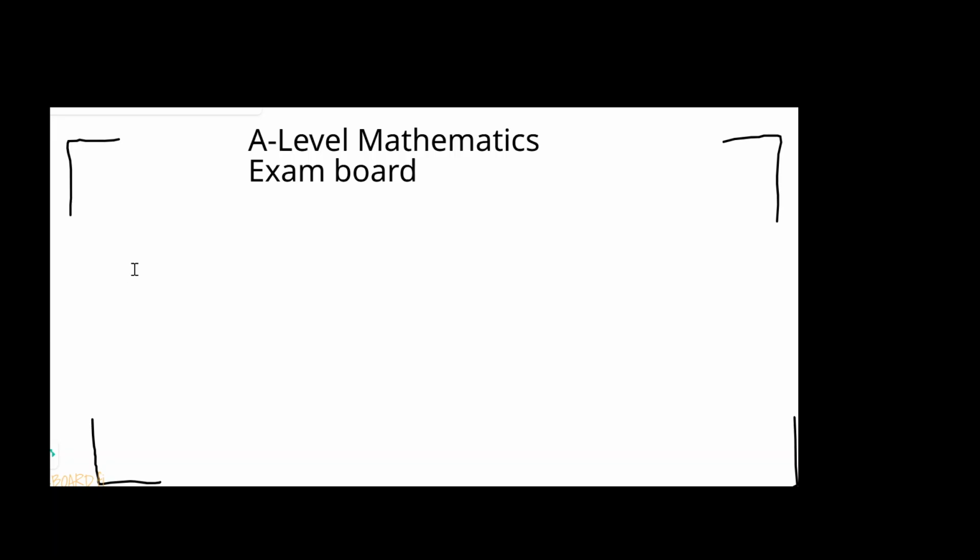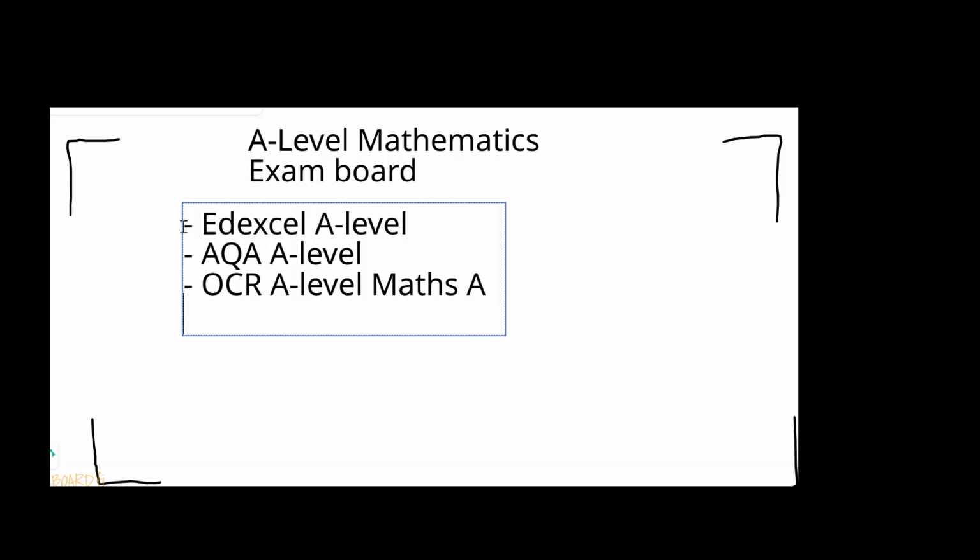Now, the common exam boards that you can find, there are four major ones. Okay, so there is the Edexcel A level, there's the AQA A level, there is the OCR A level Math A. I won't be discussing in detail what the Math A or Math B is for OCR in this video, but it's just to introduce you to the different exam boards that exist for A levels.